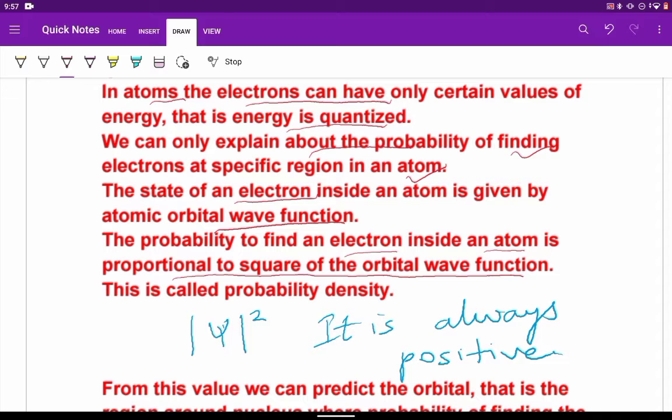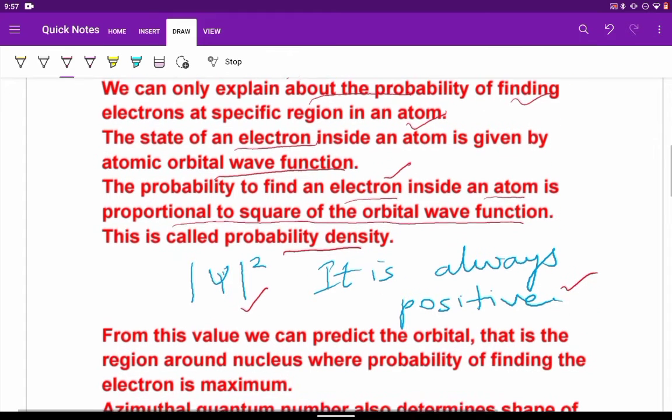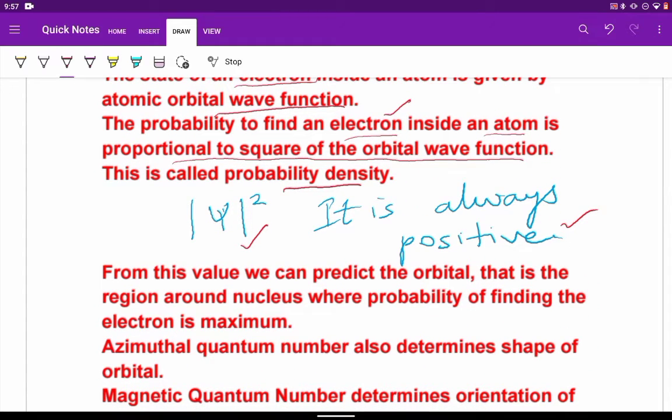That is, we have the orbital wave function, and if you take the square of that, it can explain to a certain extent the probability with which we can find the electron. This is called probability density, and this is the representation. This value is always positive. Probability density is the probability per unit volume.